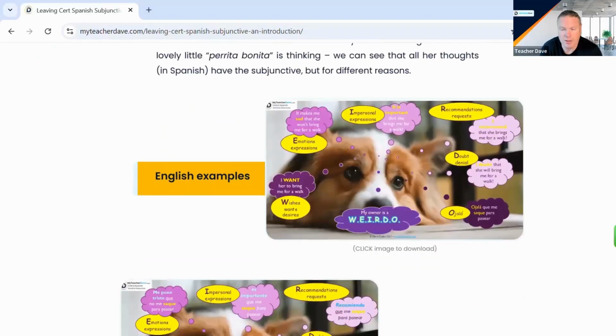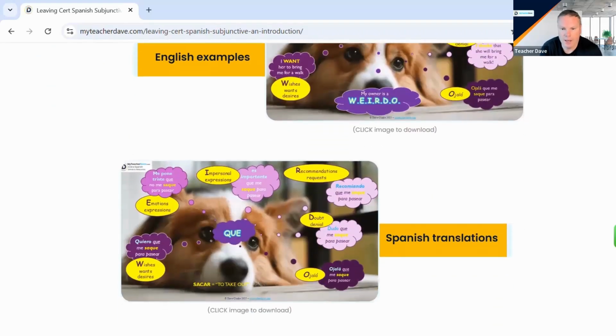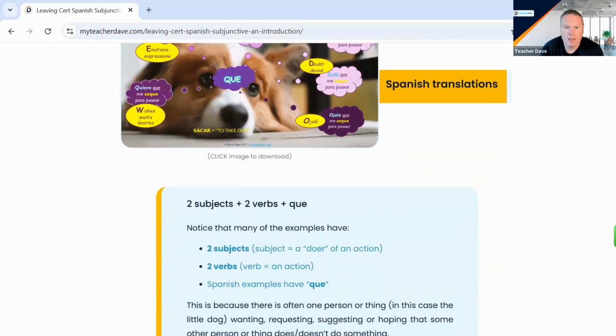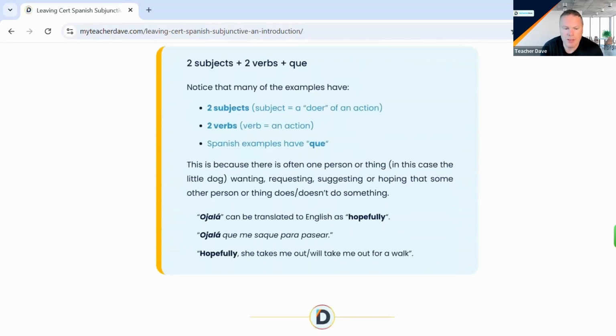You can take your notes, you can download the information, all that kind of thing. This class was all about the uses, not how we conjugate the subjunctive, but just the uses of the subjunctive. So I would recommend that you go across and bring yourself up to speed if you haven't seen this already. For those of you who have, excelente estudiantes, vamos a continuar. So well done, guys. We're going to continue.